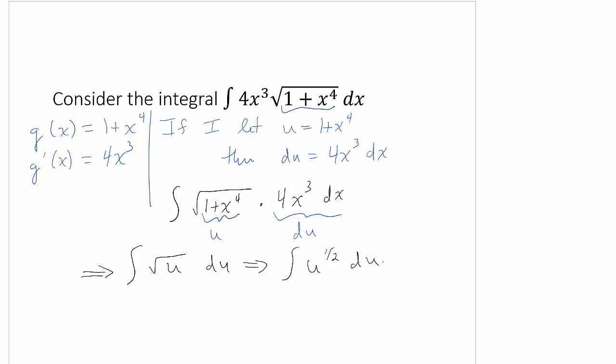And from our basic rules for antiderivatives, since this is just the variable to a power, I increase the power by 1 and divide by that new power. And so then this becomes u to the 3/2 over 3/2. And so that's the same as 2/3 u to the 3/2. Oh, and I really need to put a plus c in there. I forgot that in the previous step.